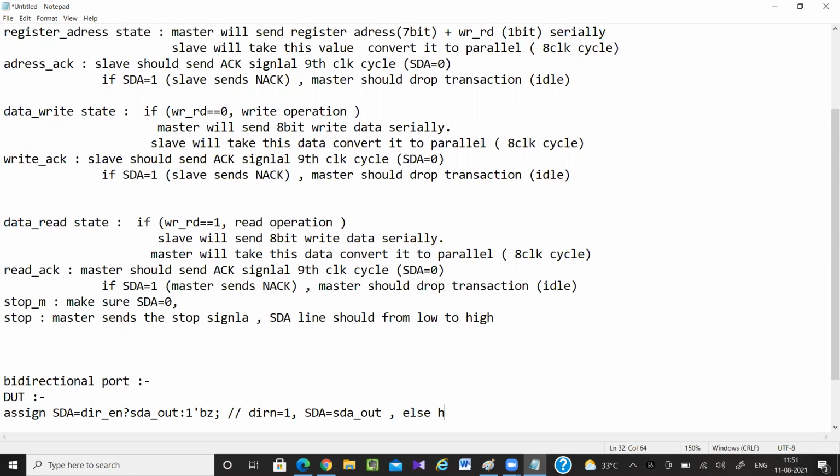High impedance means practically it will be in a floating state.